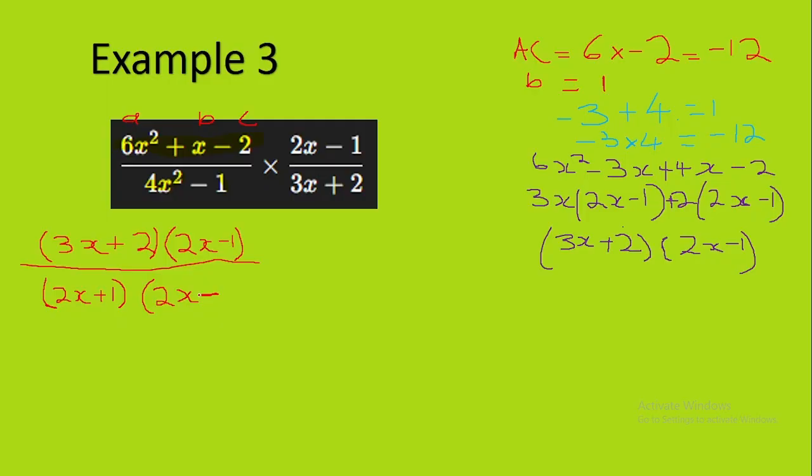So 2x minus 1, multiplied by 2x minus 1, over 3x plus 2.